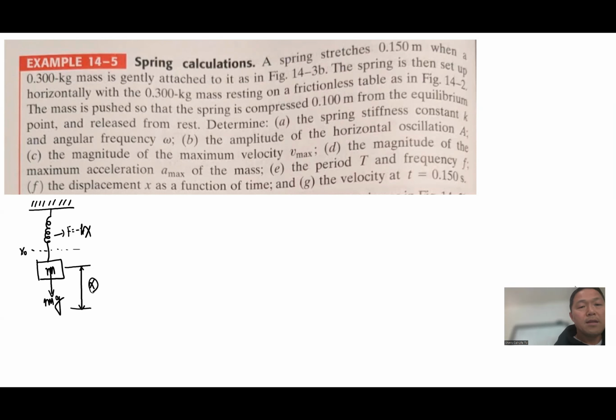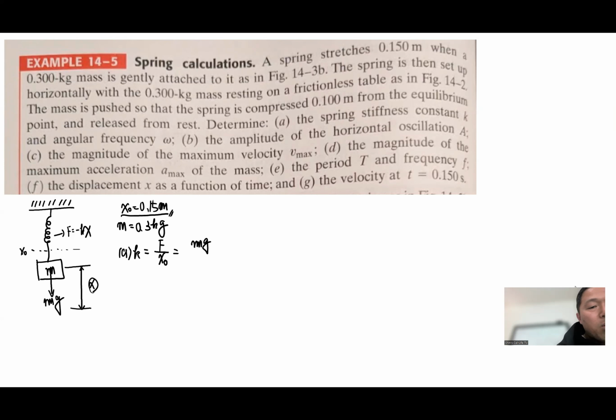From the given conditions of this problem, x naught is 0.15 meter, and the mass is 0.3 kilogram. So number one, we first calculate spring constant k, or stiffness, which is F divided by displacement. Here, F is mg, since the only force applied to this spring is gravity.